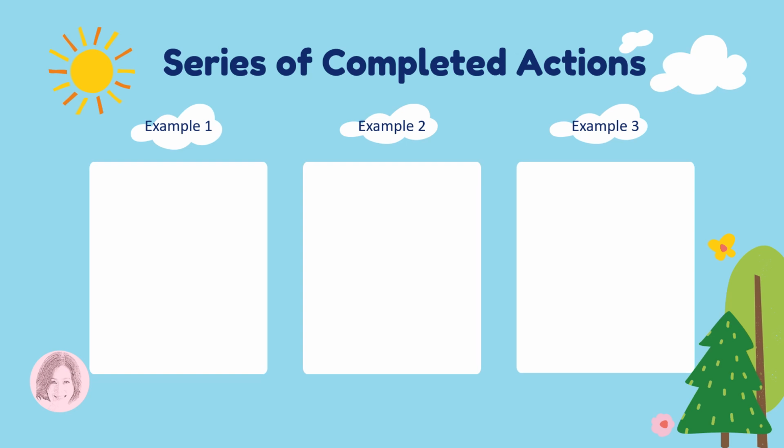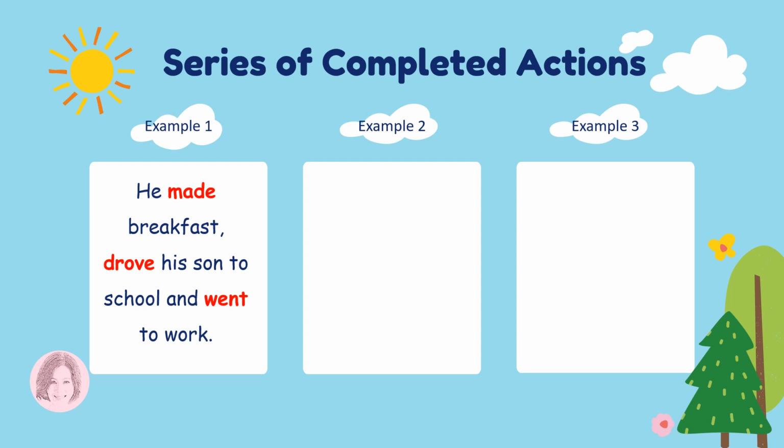Okay, now when we indicate a series of completed actions, we also use simple past tense. For example, he made breakfast, drove his son to school, and went to work.